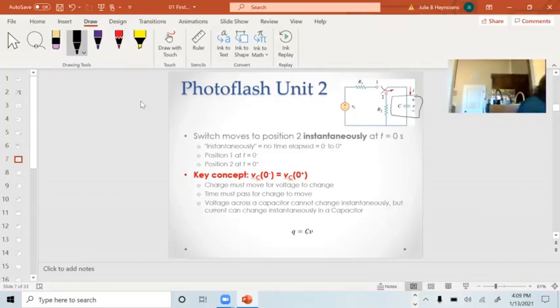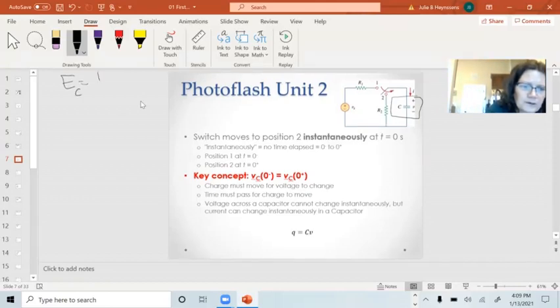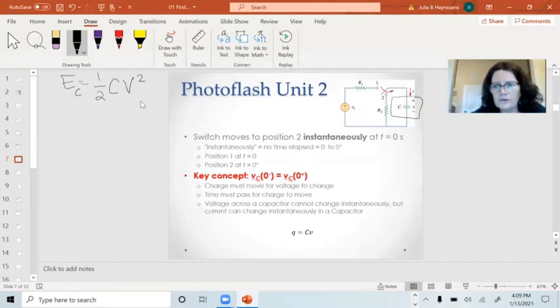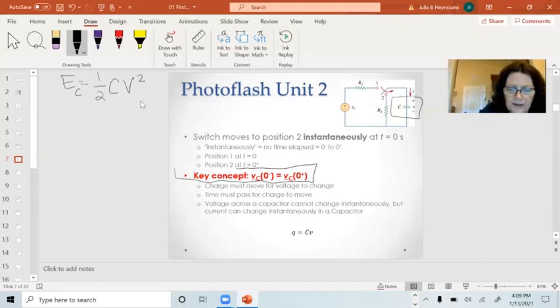It takes time for charge to move. So it's going to take time for the voltage across the capacitor to change, because the energy in a capacitor is 1/2 CV squared. So for the energy to change, the voltage has to change. So the voltage across the capacitor cannot change in an instantaneous piece of time.